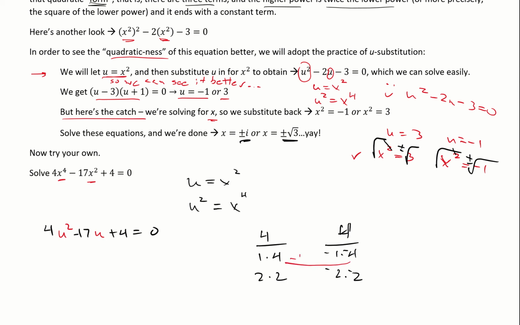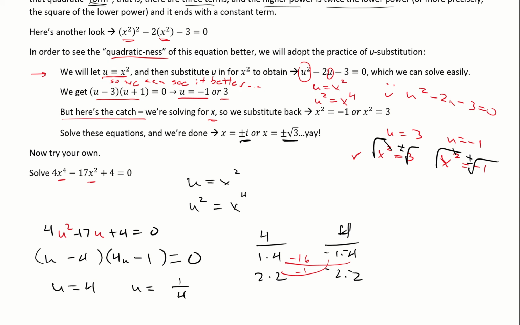Look at that. Negative 16 and -1 is negative 17. That's the winner. So we are factoring to solve it, and it should be like u and maybe 4u, but then 4 has to multiply with -4 like that. That's -1. Okay? So we end up u is equal to 4 and u is equal to 1/4.